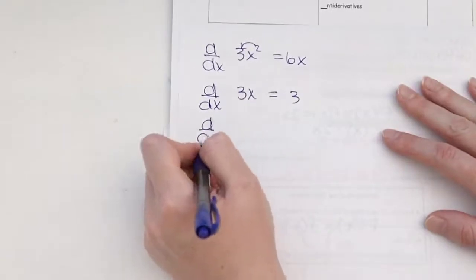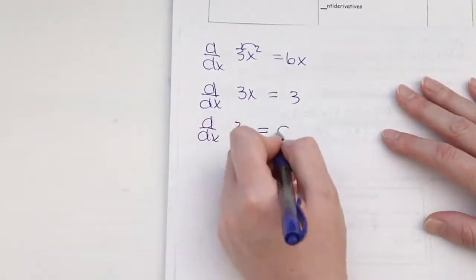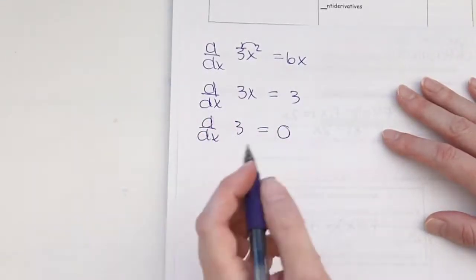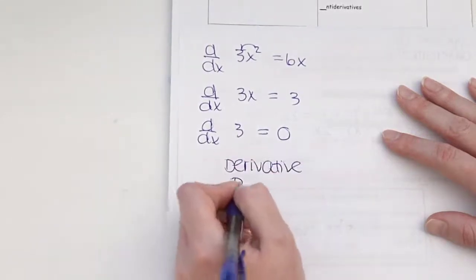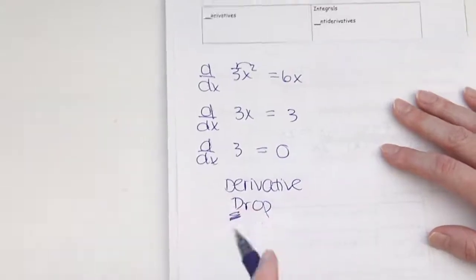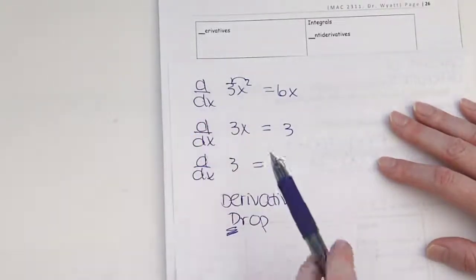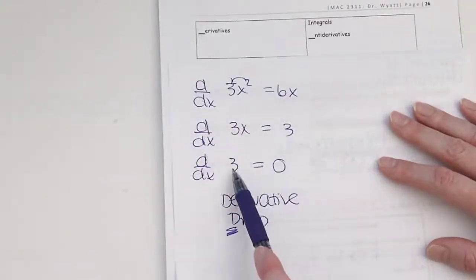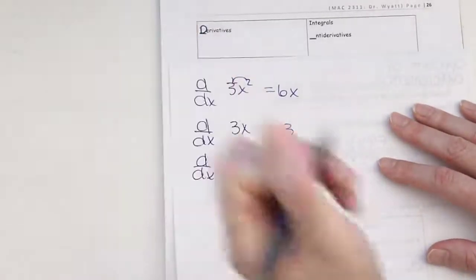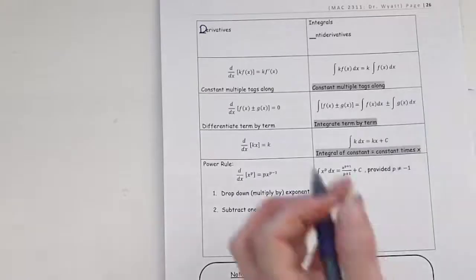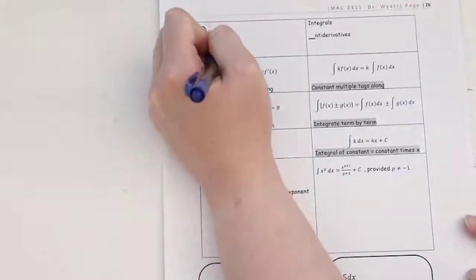If you are differentiating 3, then that drops to 0. So I want you to think about when you are taking the derivative, you are dropping terms. You're dropping this exponent down, you're dropping the x, you're dropping the constant to 0. So when we're talking about a derivative, we want to think about it as dropping terms.